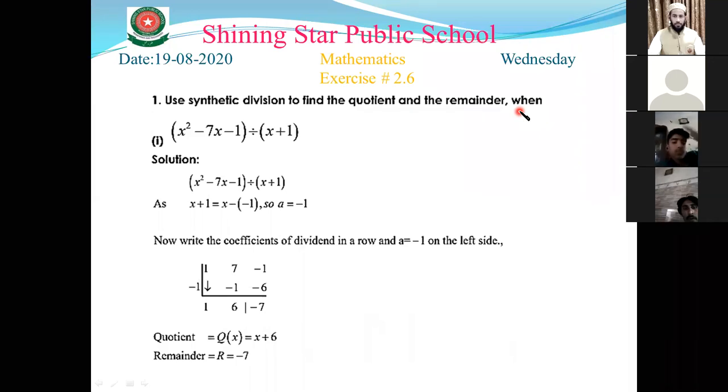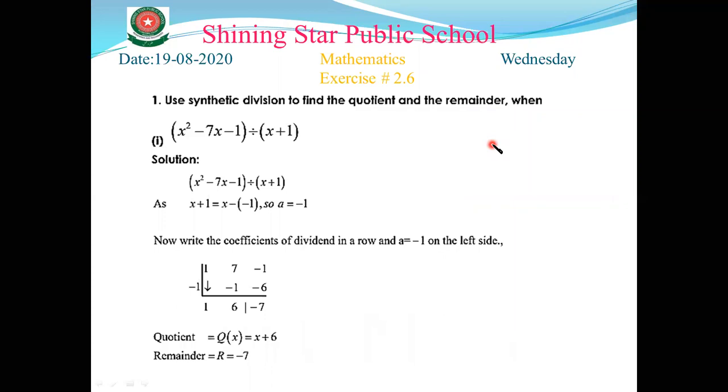Okay, we know that in the 7th class, 8th class and 9th class, we are solving equations which have degree 2. We learn 4 types of equation in 8th class. Number 1, linear equation.